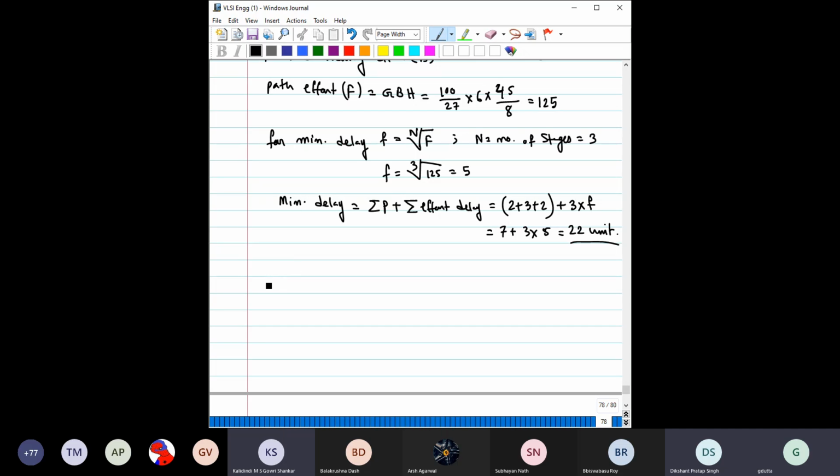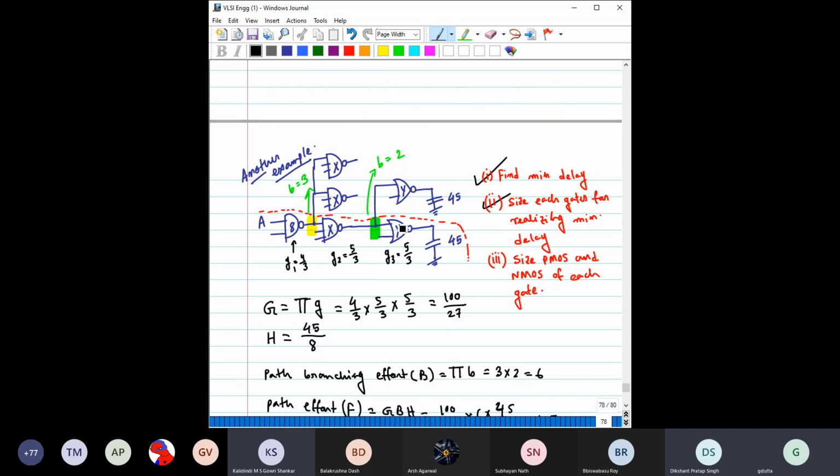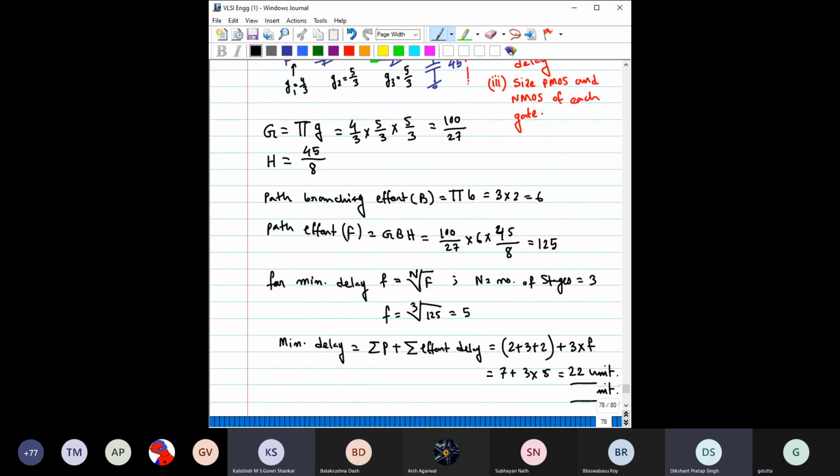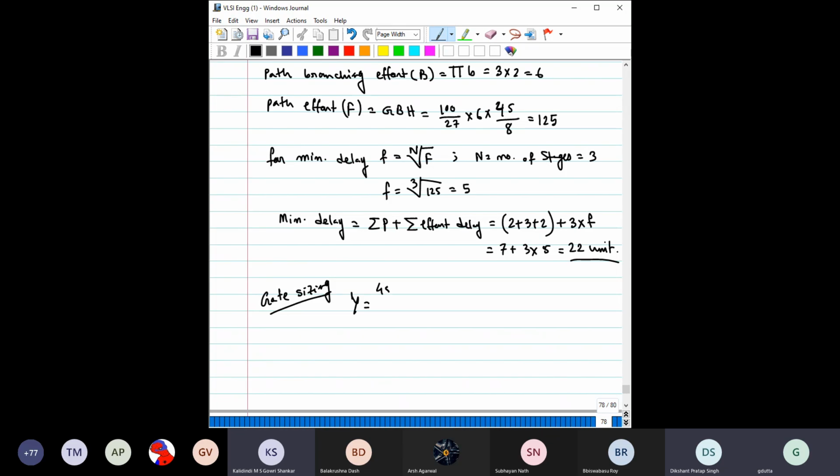It is called gate sizing. So y is equal to, again we'll start from the last gate, because we know here the C out. So C out is 45 into the G, which is 5 by 3 for the 2 input NOR, divided by 5, the value of F, which gives me 15.